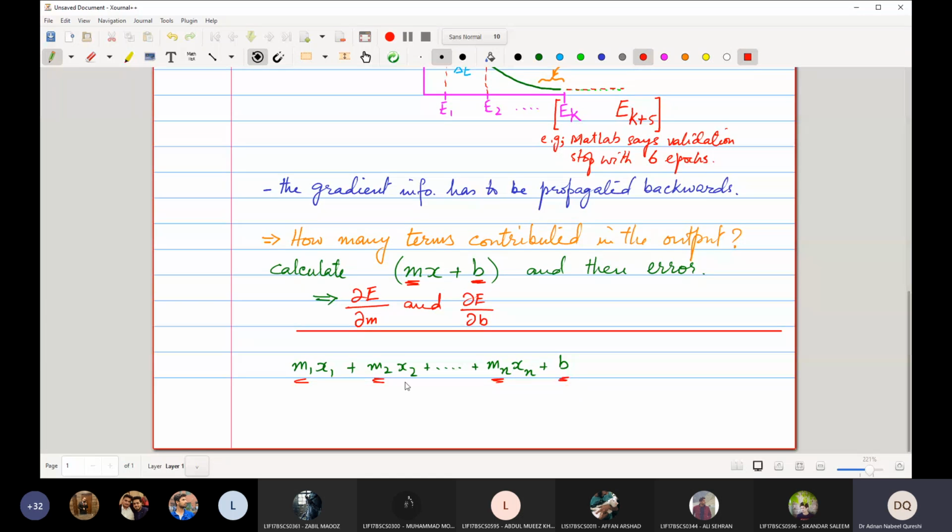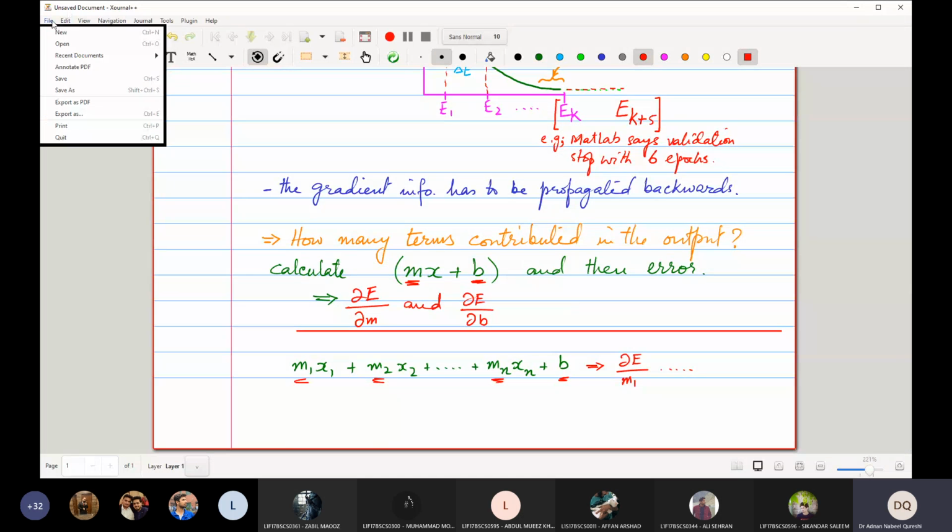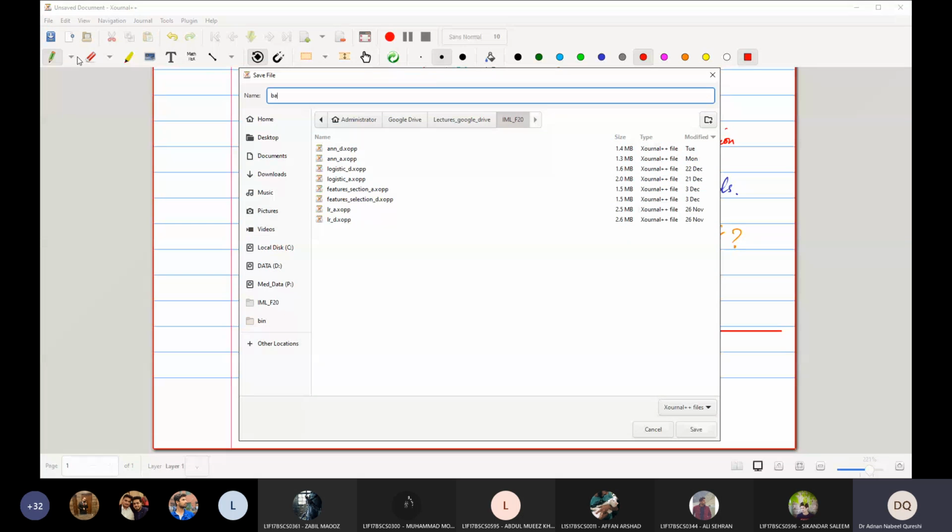So it is going to be a partial contribution by m1, partial by m2, partially contributing, partial derivative. I think you have understood the point. So for this, what we will have to do is, with respect to m1 and so on and so forth. Is it okay, or do you have any questions?